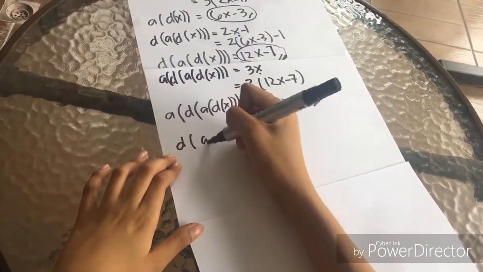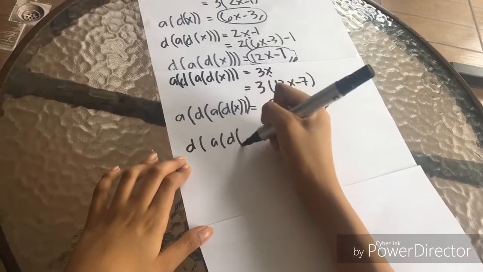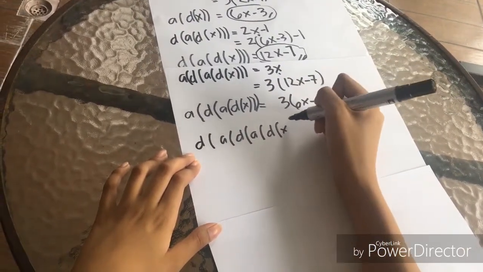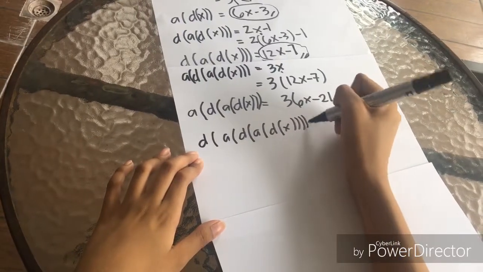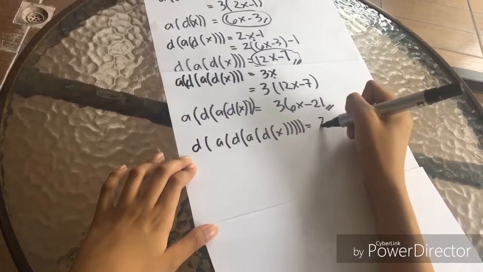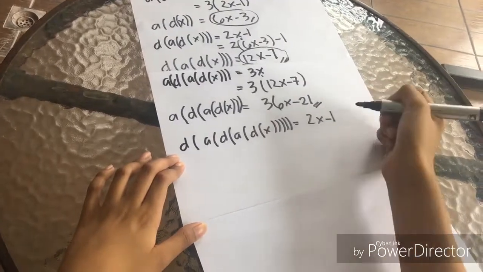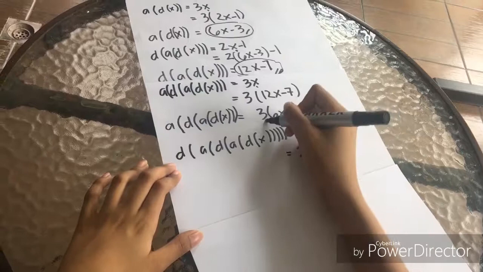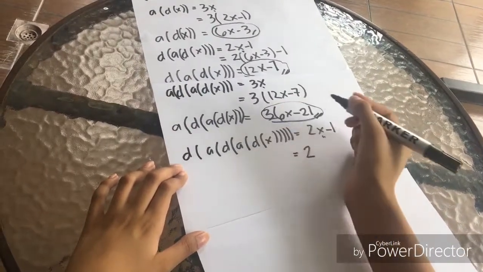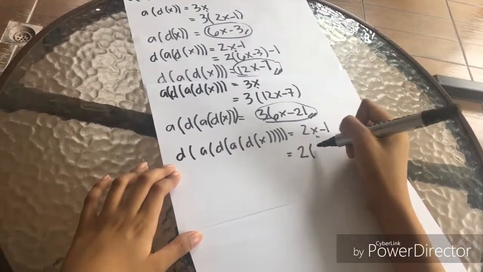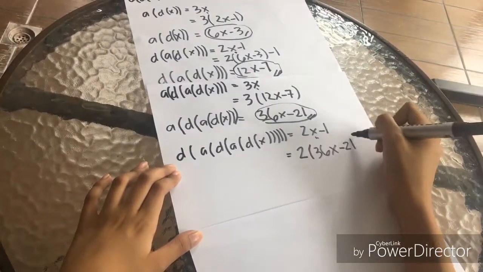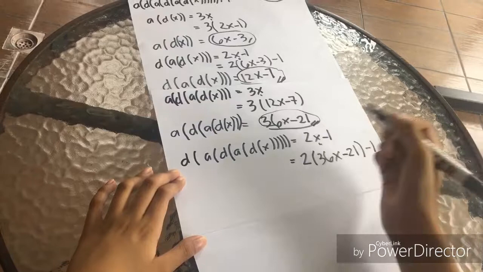Next is D of A of D of A of D of x. 2x minus 1, and we'll substitute the value of x. 2 times the quantity of 36x minus 21, and minus 1.